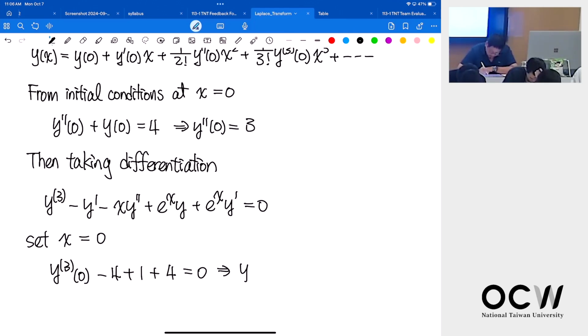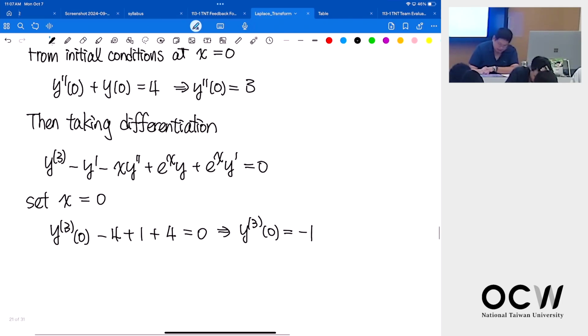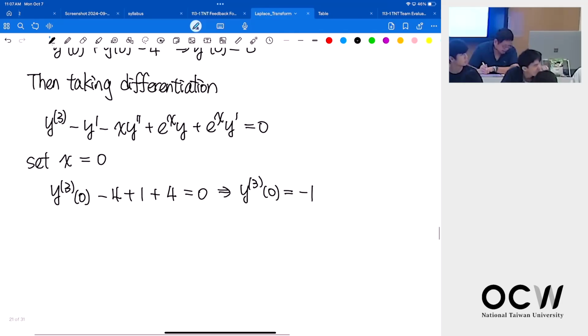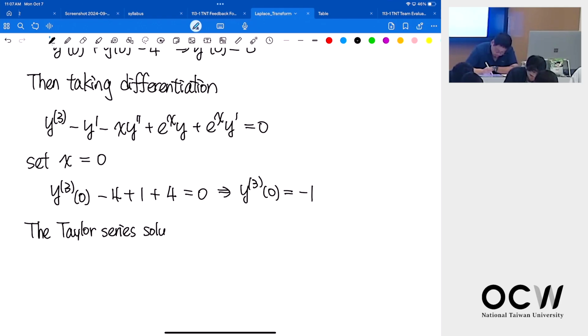Then you find y triple prime of 0, that's minus 1. So the Taylor series of this solution about 0.